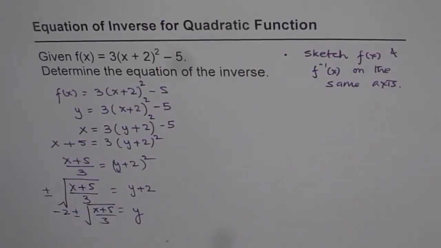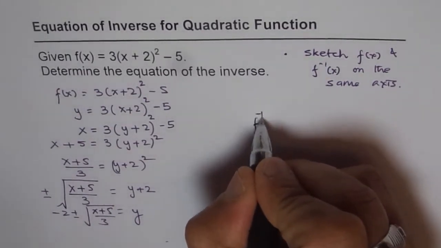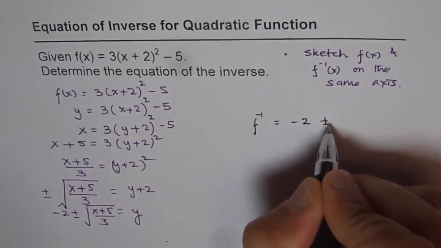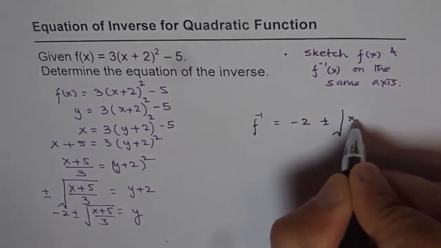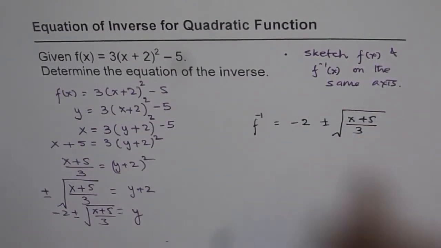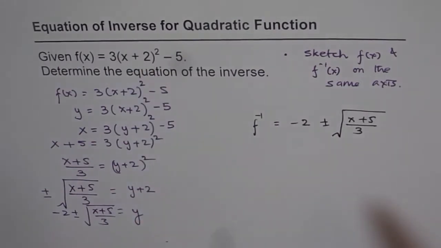Correct? So that is how we get inverse of our function. And now we can write down our answer very clearly, and that is f inverse is equals to minus 2 plus or minus square root of (x plus 5) over 3, right? So that is how you can get inverse of a function which is given in vertex form.